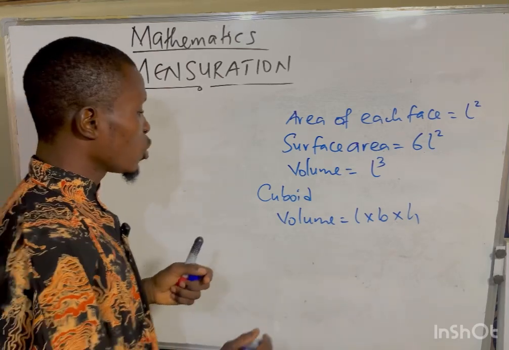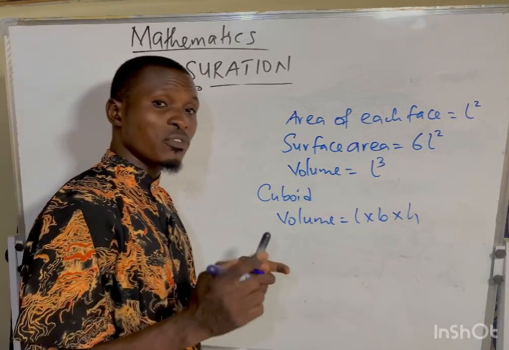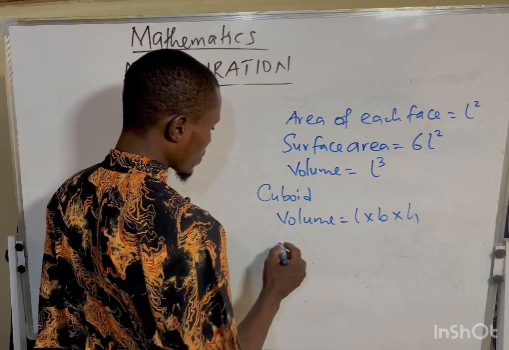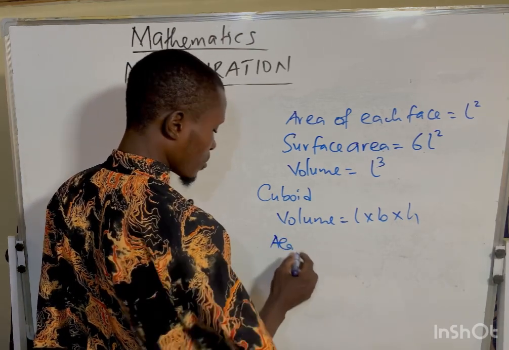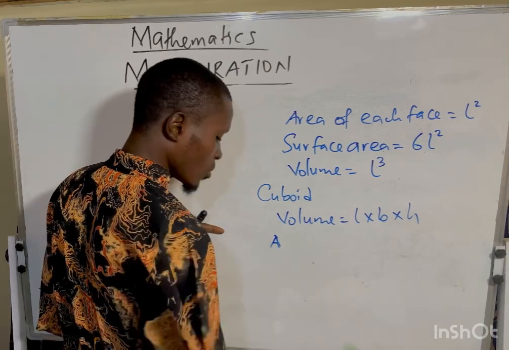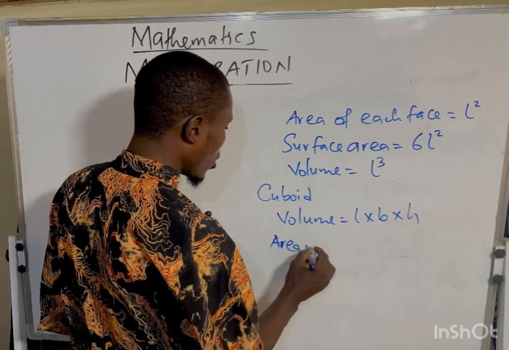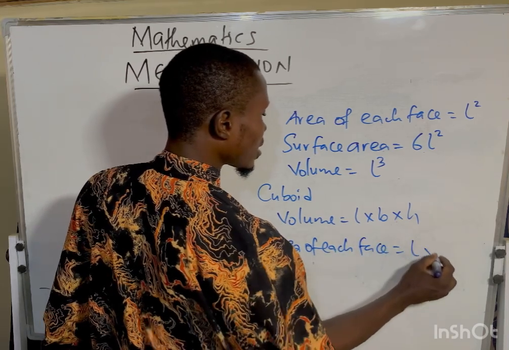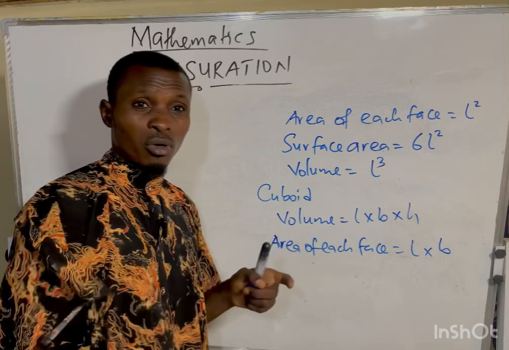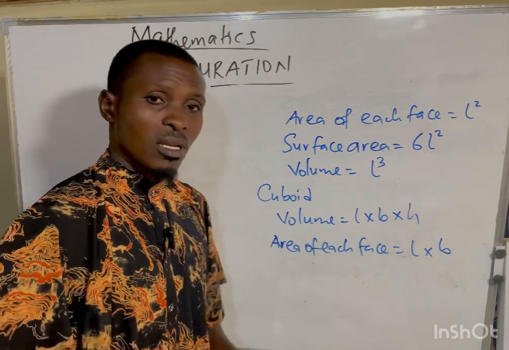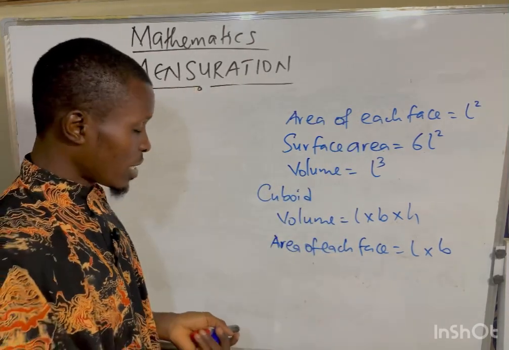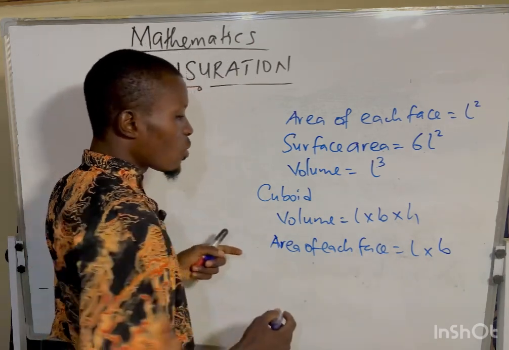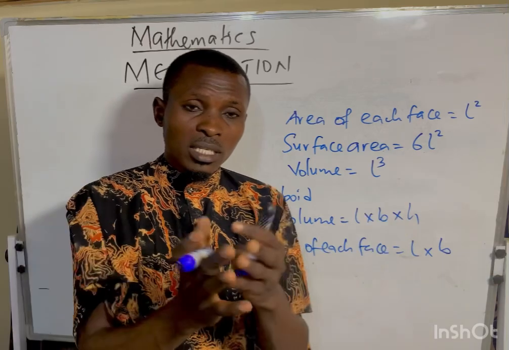Now a cuboid also has 6 faces, but each of the faces is a rectangle. The area of each face is length times breadth, length times height, breadth times height. And remember, opposite faces are equal.